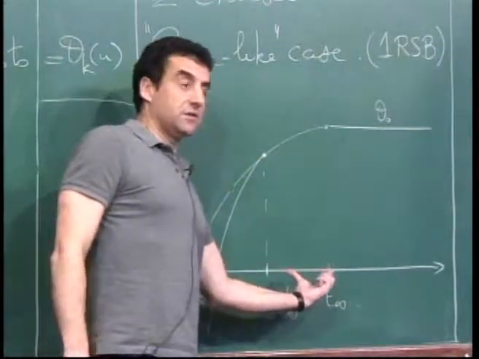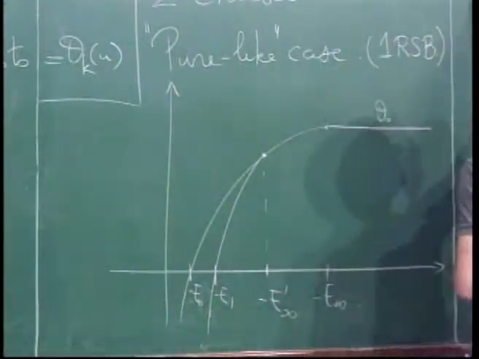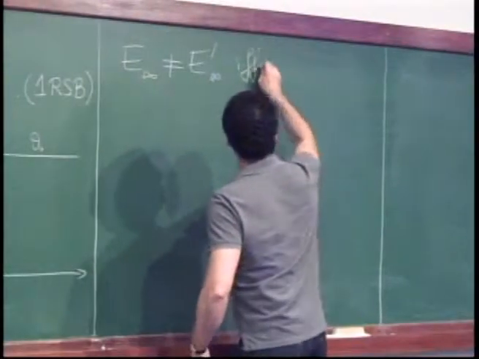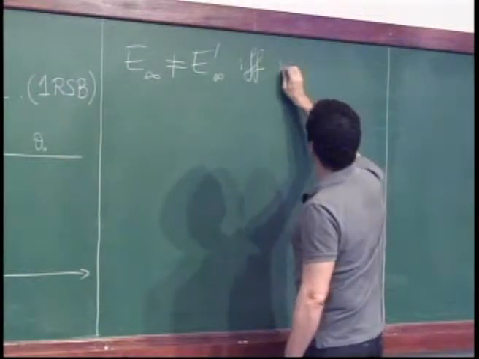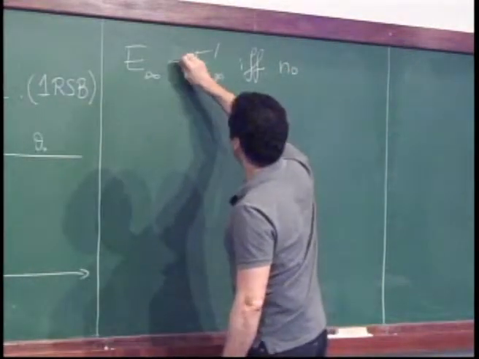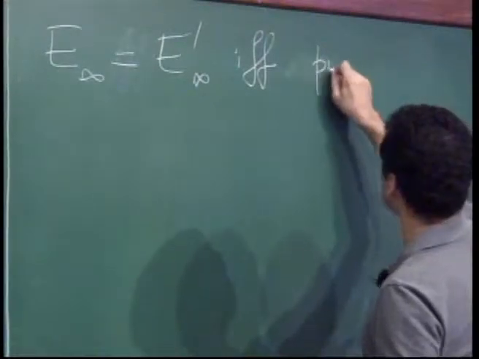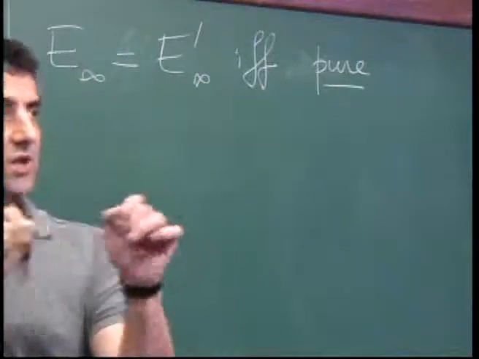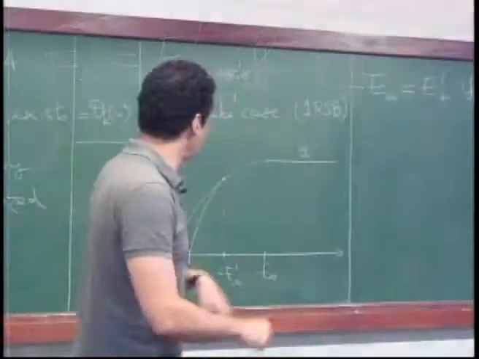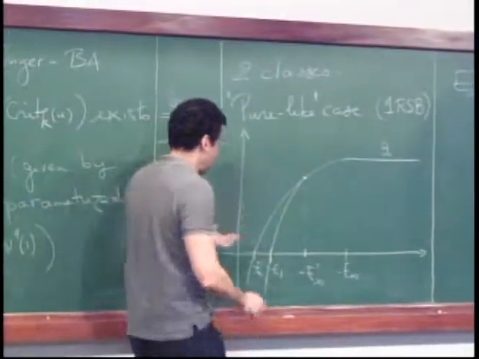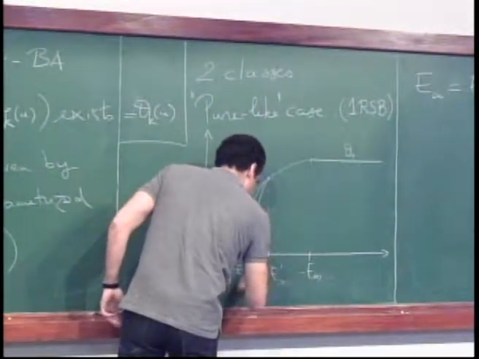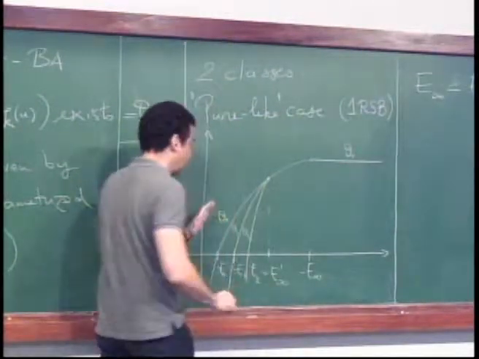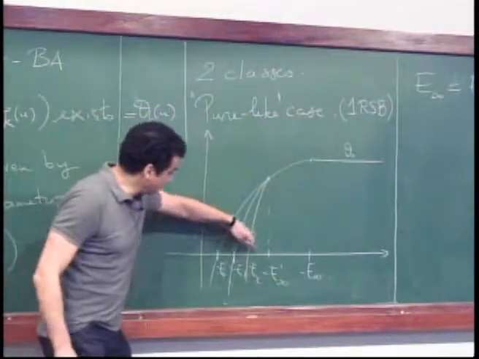These 2 points here are different, so E infinity is different from E prime infinity if and only if the model is not pure, right, as we described before. So as soon as the model is not pure, you have this new region here. So what is this? And same thing then for theta 2. So this would be theta 0, this would be theta 1, this would be theta 2, etc. And these thresholds converge to here.